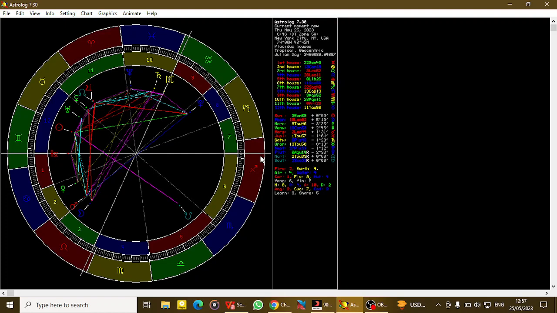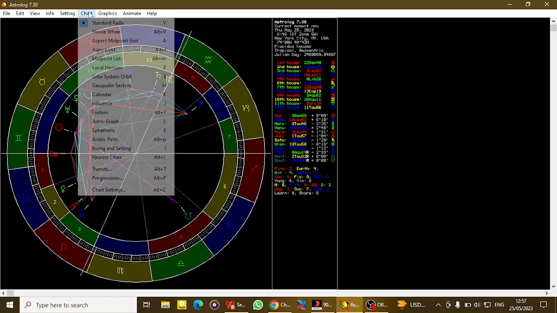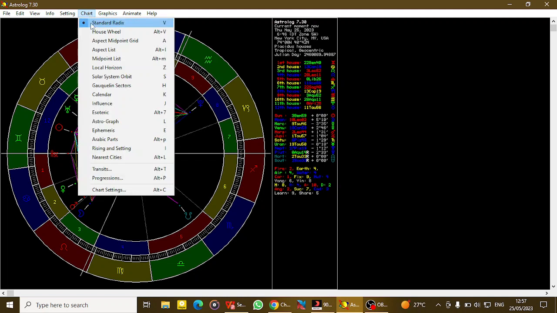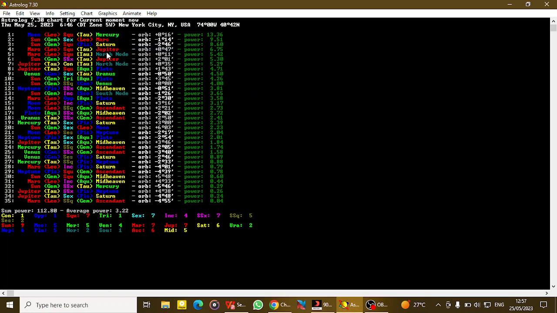If I go to chart, and then there's a part called aspect list, you will notice that the orbs are here. You will see that most of them are within 5 degrees max, whether positive or applying or separating, as one would put it.